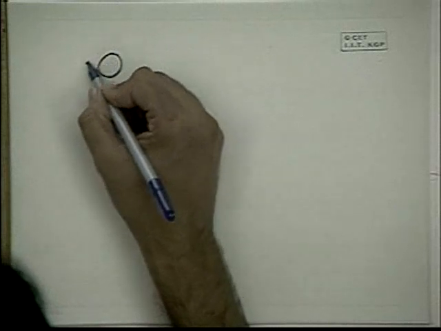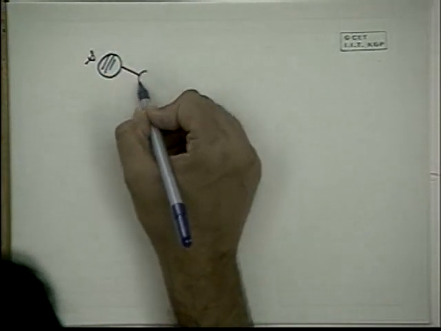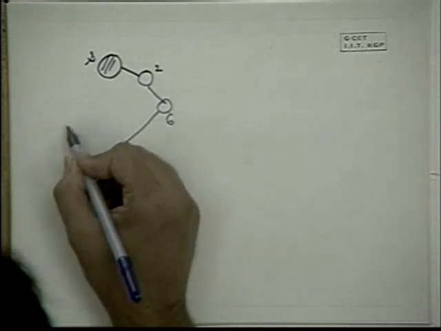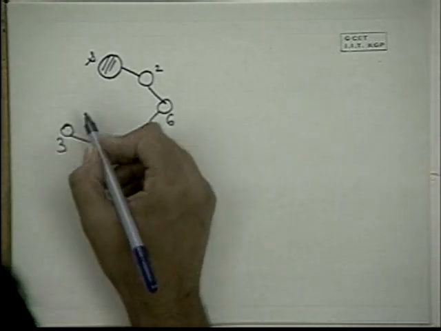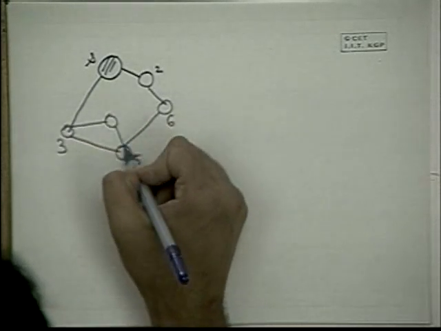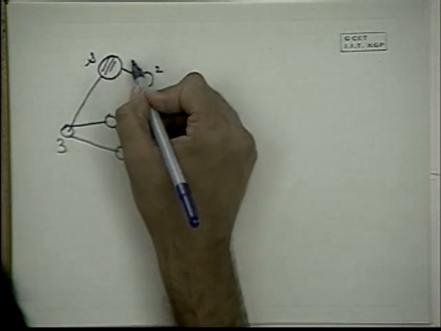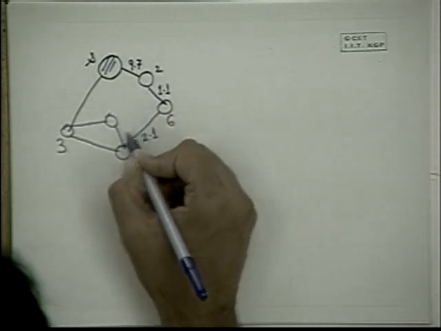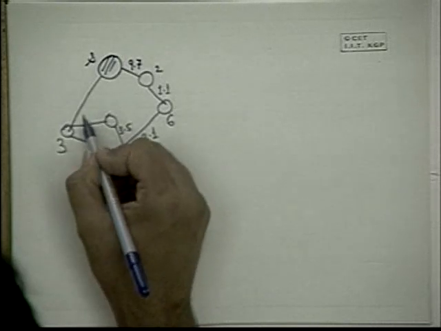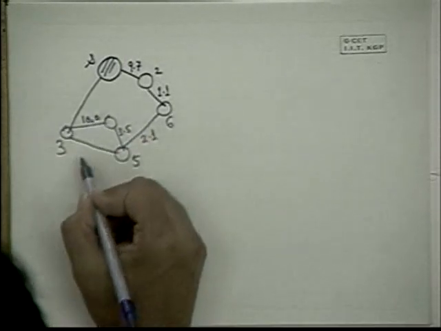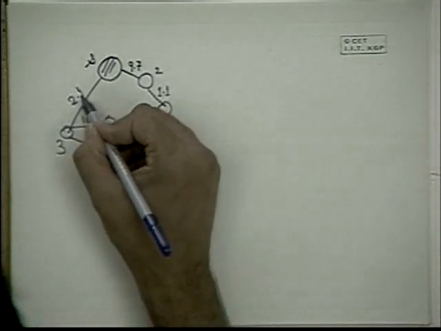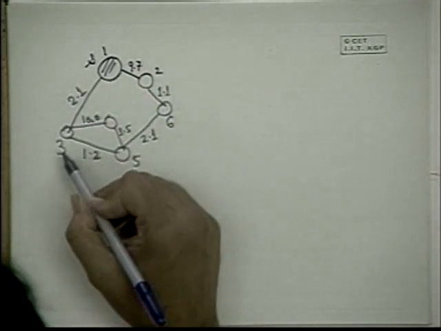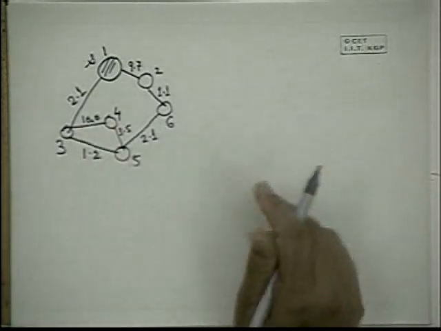Suppose this is the source vertex S. The edge weights are 9.7, 1.1, 2.1, 3.5, 10.0, 1.2, 2.1, and the vertices are numbered 1, 2, 3, the fourth vertex, 5, 6. So suppose this is the graph.